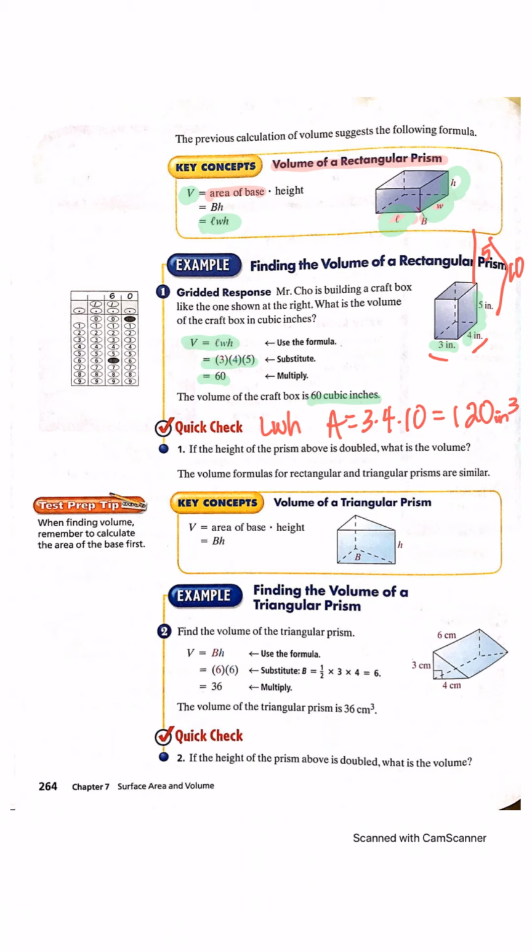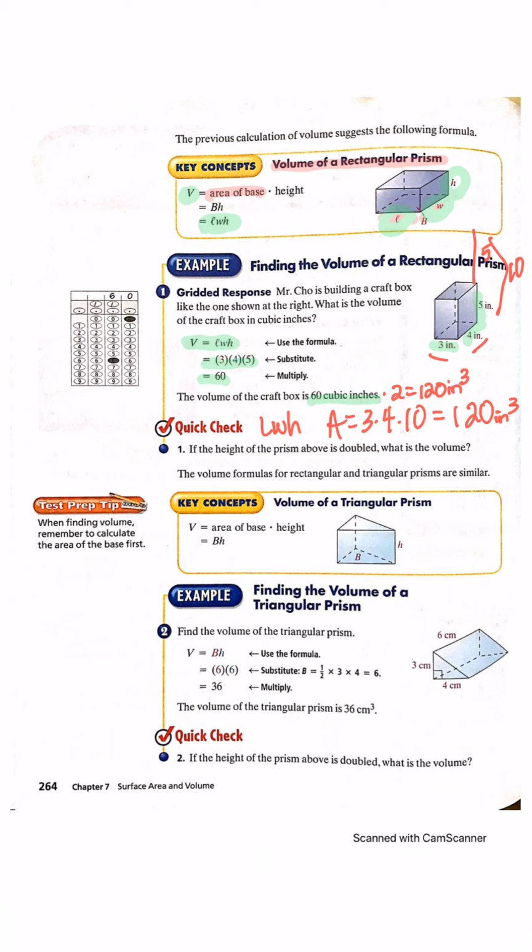Inches cubed. So another way to look at it is because it's just the height doubled, you could have taken 60 and multiplied by 2, which also gives you 120 inches cubed.